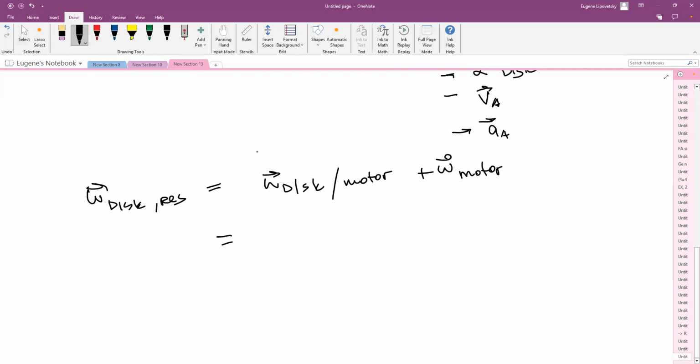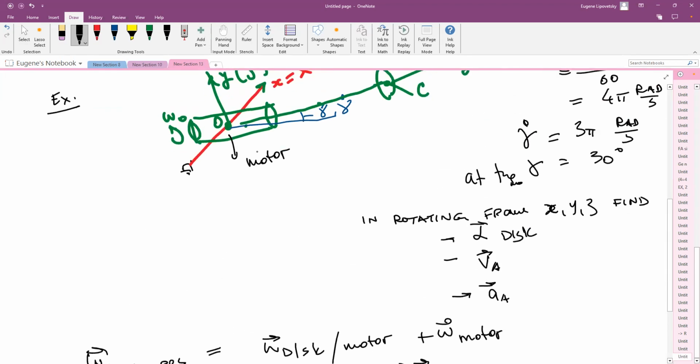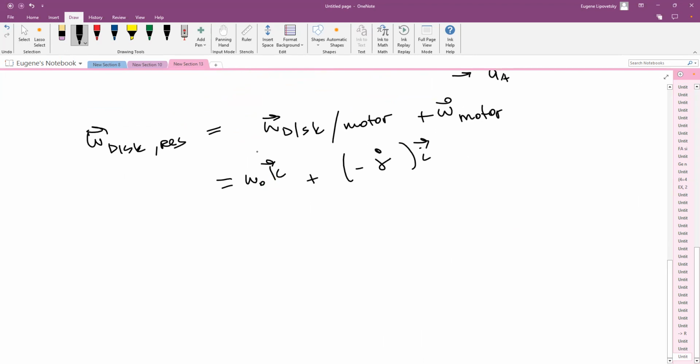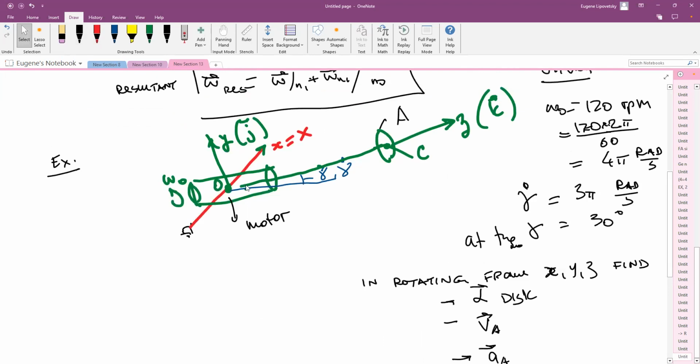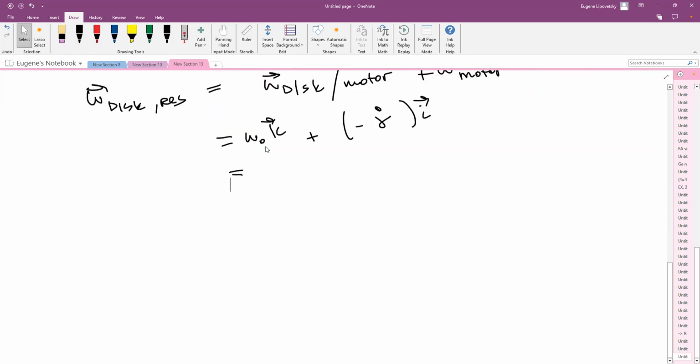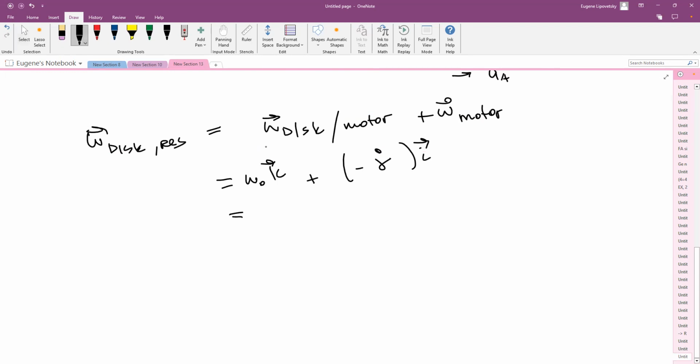The omega disk is omega naught times K. The omega motor is minus gamma dot times I. You can see that this rotation occurs around this axis. That's why it's gamma dot. So there's going to be 4 pi times K plus minus 3 pi times I.